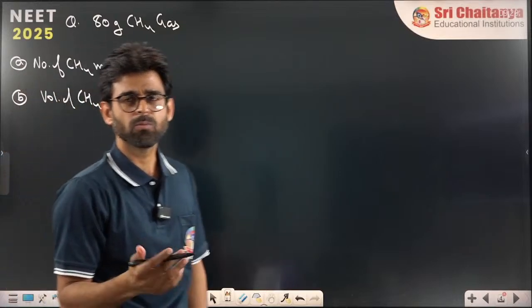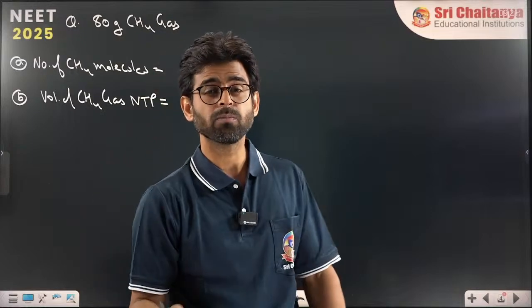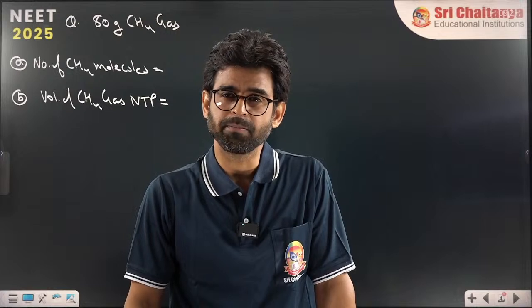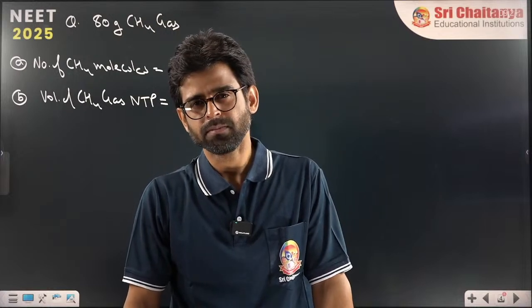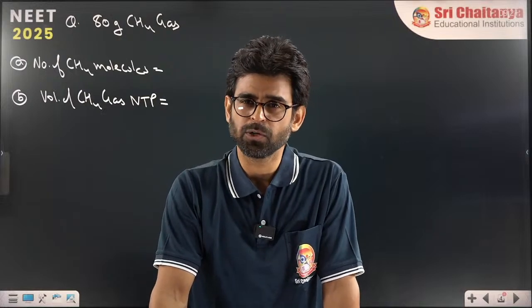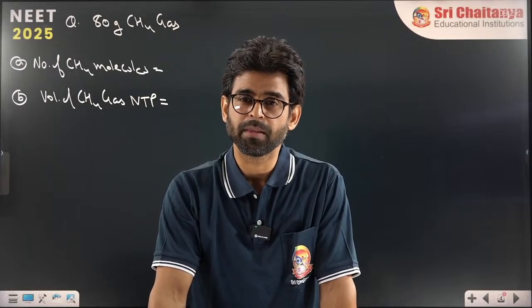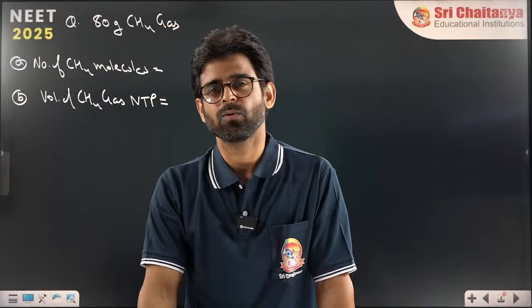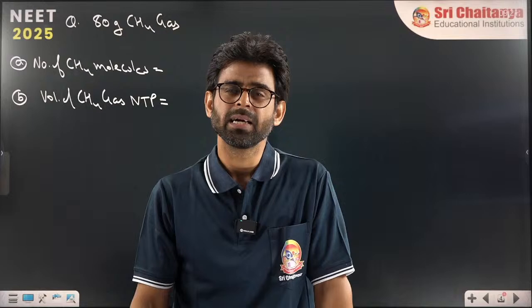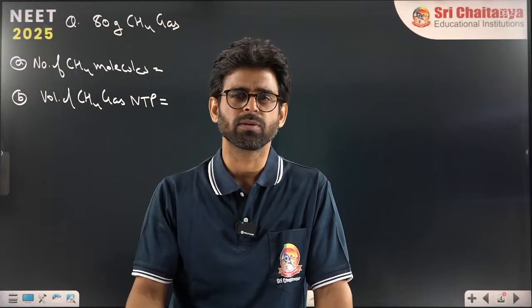NTP or STP you can take, they are almost the same thing. NTP means normal temperature and pressure, and at NTP the pressure we take is 1 atm and temperature 0 degrees Celsius, or 273 Kelvin. In STP the pressure is 1 bar, almost 1 atm only. So NTP, STP both are okay for us.